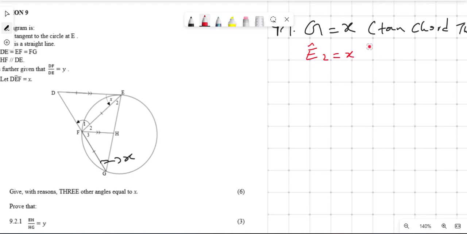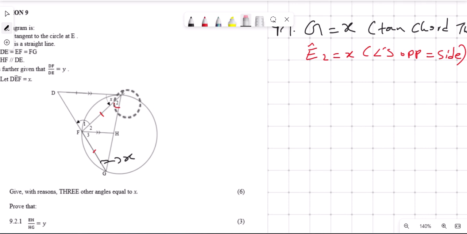Angles opposite equal sides. Is it right? Yes, that's correct, because you see here. Indicate before you move.